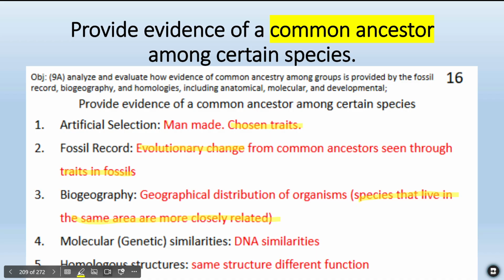Organisms found in the same part of a country might have a history of relatedness compared to somebody found on different continents. We can look at molecular similarities like DNA similarities. And we can look at homologous structures, where same structure, different function.